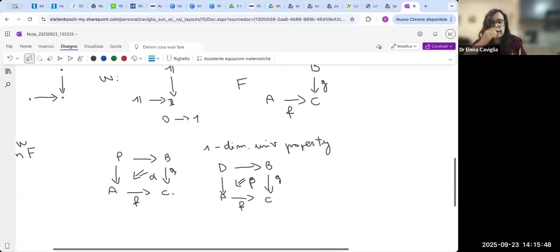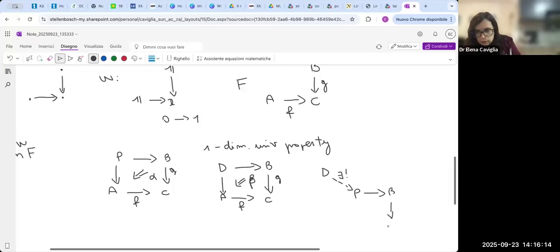So it's like the universal property of the pullback, but now we take a 2 cell inside, beta. We can construct a unique morphism from D into P, our comma object.